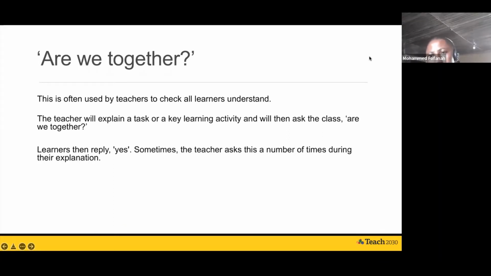To my understanding, instead of asking students, "Are we together?" and students say yes, you have to do a checkup. Some students say yes because of the fear. Some say yes because they want you to continue, so they will say yes.